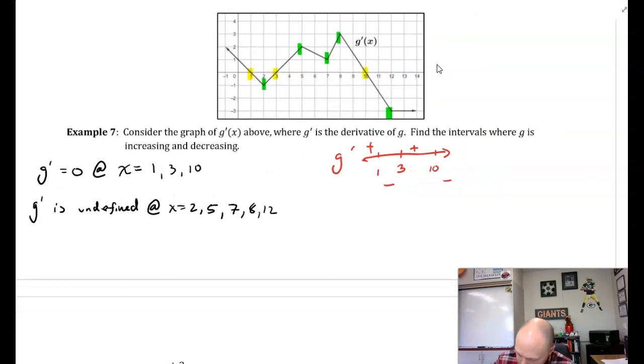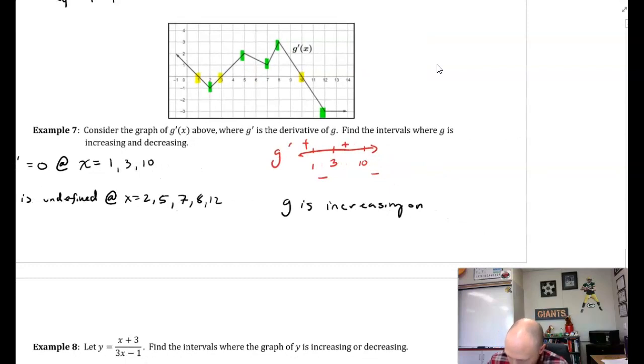We can say G is increasing on, let's say x is less than or equal to 1, and 3 is less than or equal to x, which is less than or equal to 10.